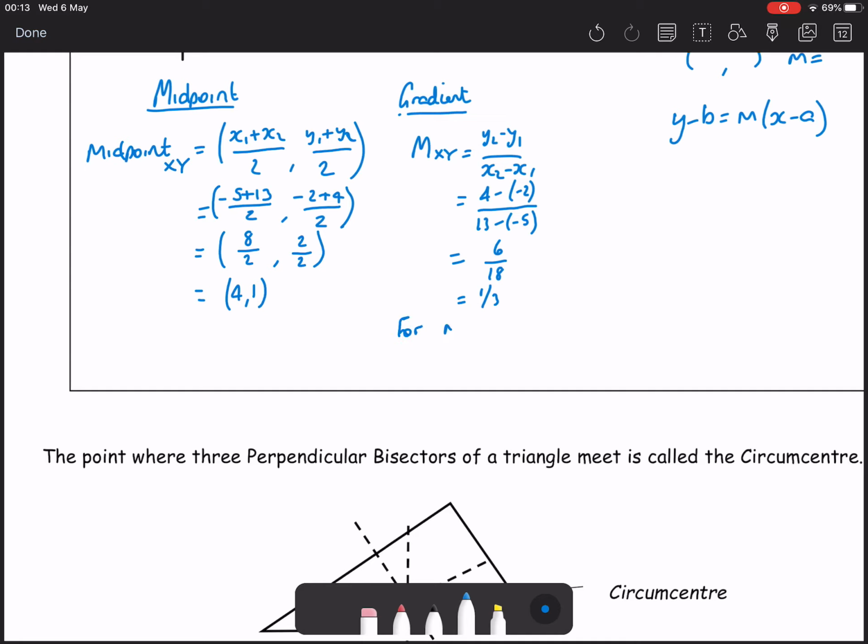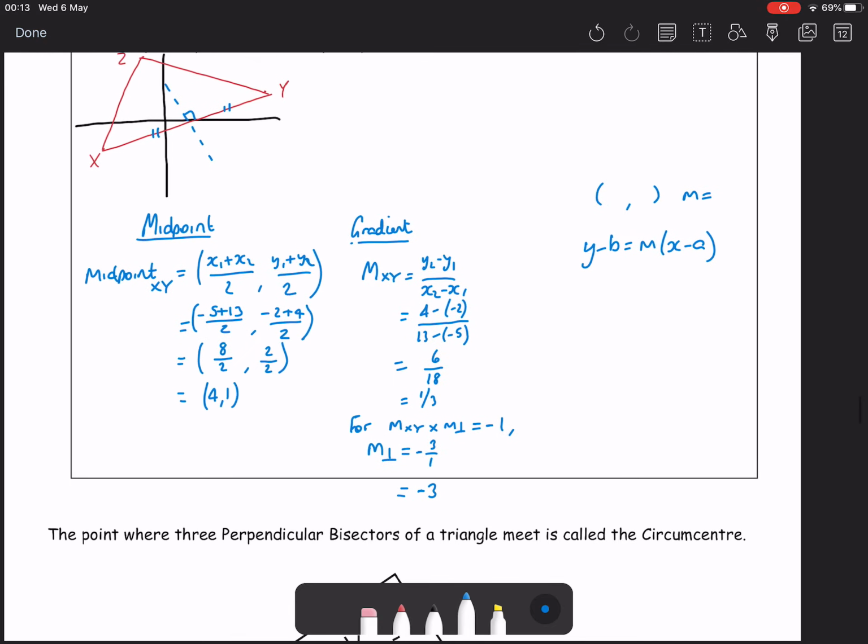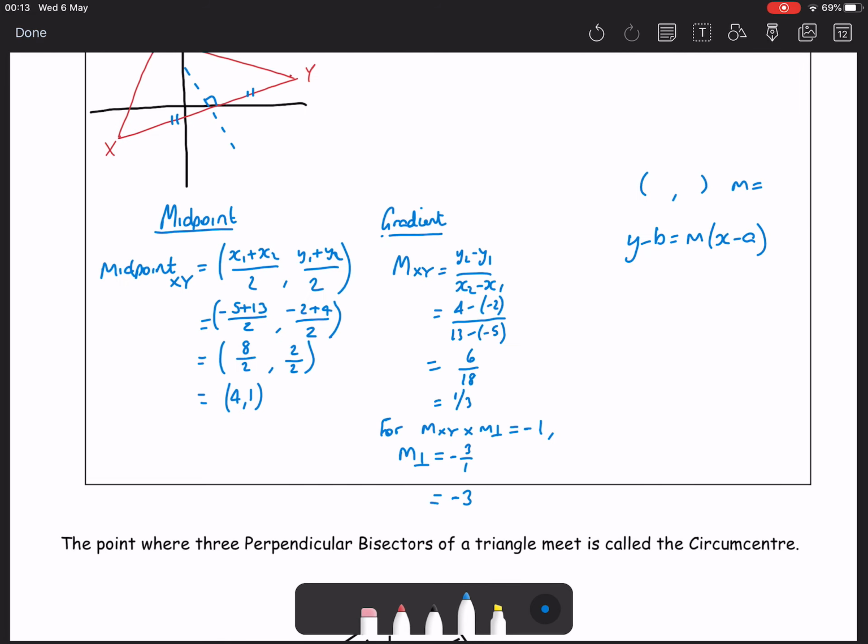So for the gradient of XY times the perpendicular gradient to equal -1, our perpendicular gradient in this case would be: 1/3 becomes -3 over 1, or if you want straight away, -3. So looking over to our equation, we have a point which our perpendicular bisector goes through, which is 4, 1, and we have the gradient of the perpendicular line.